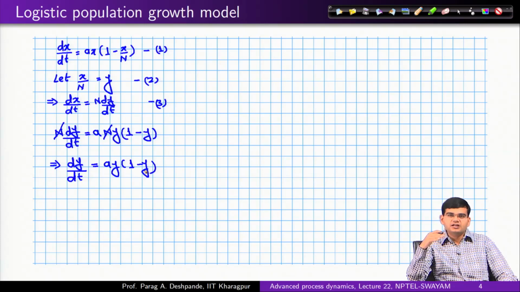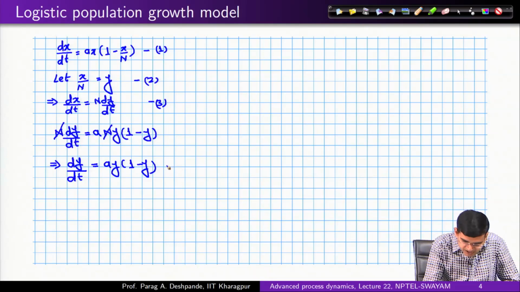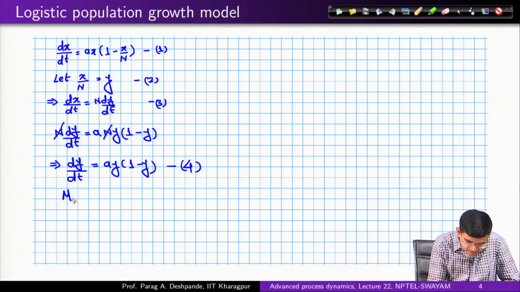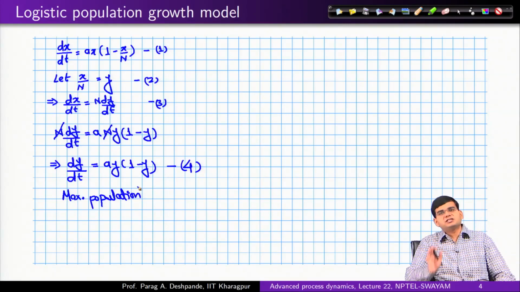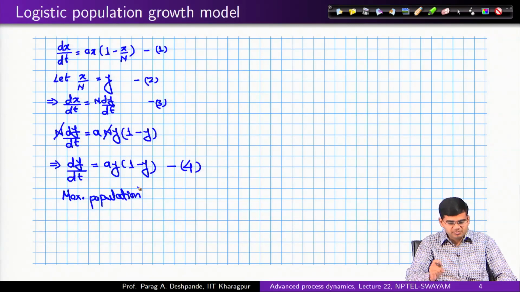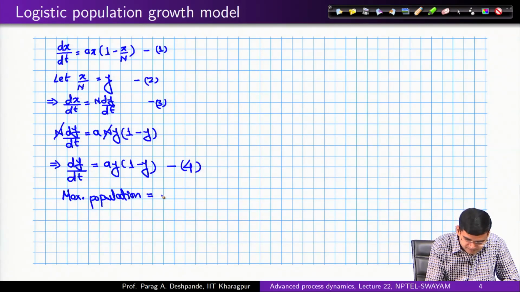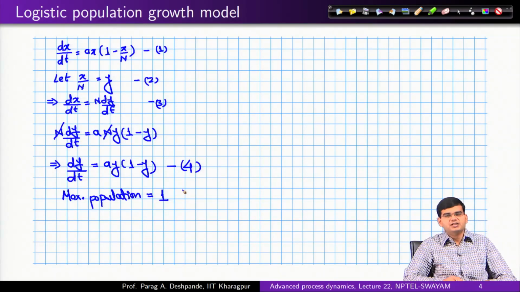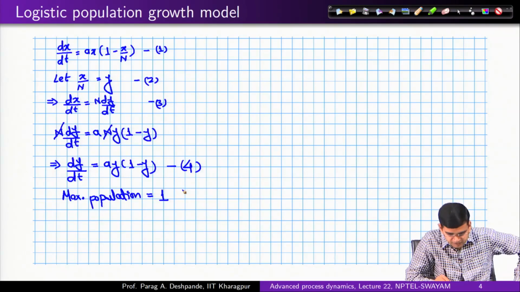So, therefore, my maximum population for equation number 4, the maximum population which is the carrying capacity. Carrying capacity is the maximum population which the ecosystem can sustain. So, the maximum population will become unity. Okay. So, instead of the number n, I have now 1.